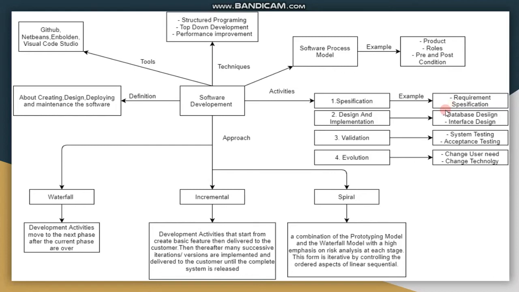And next is the second activity, which is design and implementation. Design and implementation is the process of converting the system specification into an executable system or product. In the design process, there are 4 main activities. The first is architectural design, which defines the overall structure of the system.